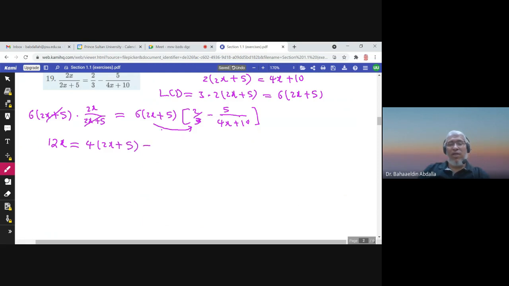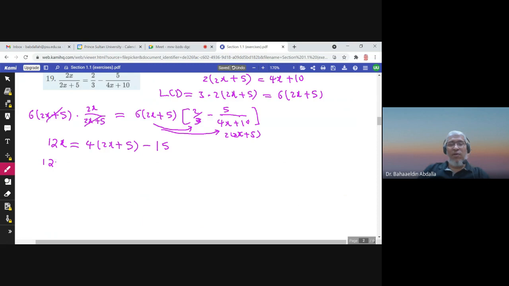When you multiply this times this is 4x plus 10, which is 2 times 2x plus 5. And here I have 6. So 6 divided by 2 would be 3. And 2x plus 5 would be cancelled with 2x plus 5. So I'll have 3 times 5, that's 15.